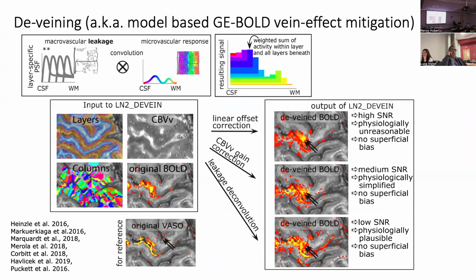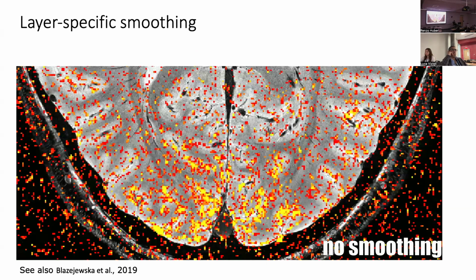And based on the columns and the layers that you pre-computed, you can do this on a column-by-column basis and try to get rid of this superficial bias in the signal based on different assumptions that you make. At the cost, however, that you're basically throwing away 80 to 90% of your signal. So it will look noisier. So it's a question of whether you want to do this in the volume, or if you rather want to do this in Excel in your layer profiles later.